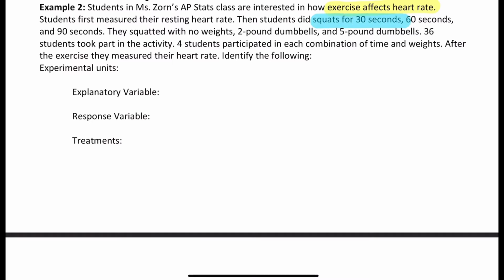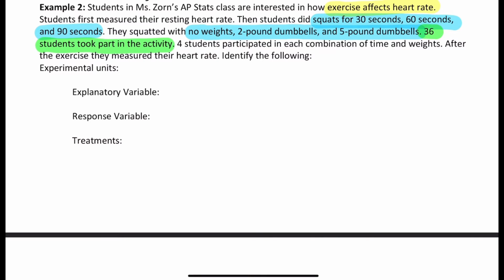They did squats, and they also squatted with no weights, 2-pound dumbbells and 5-pound dumbbells. And we also know that 36 students took part in the activity. 4 students participated in each combination of time and weights, and after they measured their heart rate.